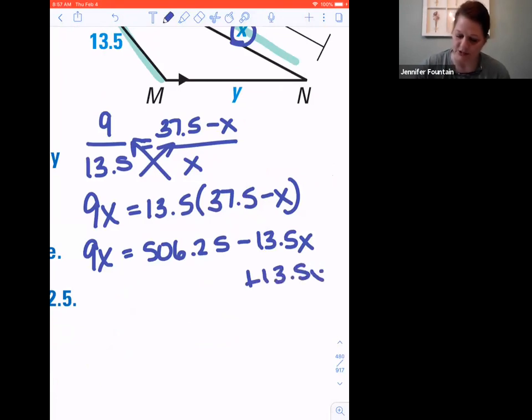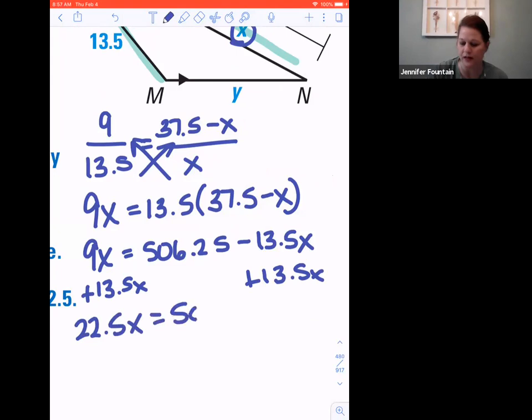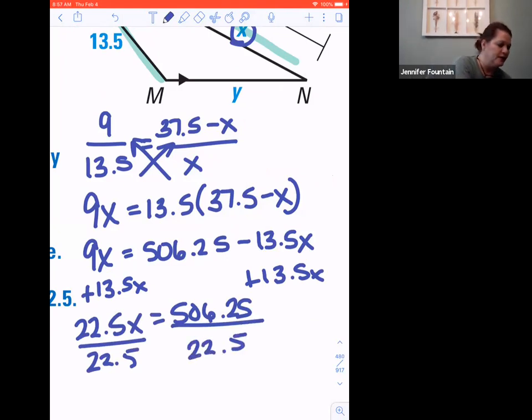Add 13.5x to each side, and I'm going to end up with 22.5x is equal to 506.25. Divide by 22.5 on each side. 506.25 divided by 22.5, X is equal to 22.5.